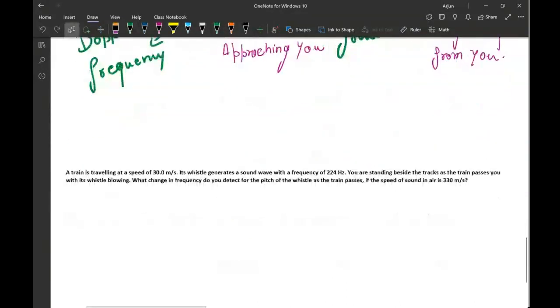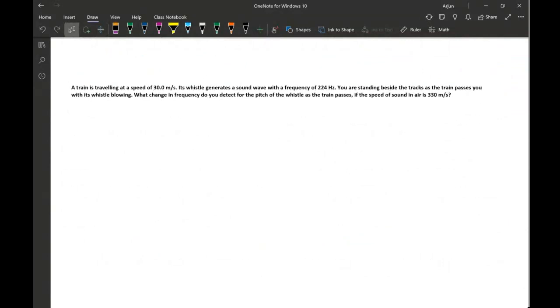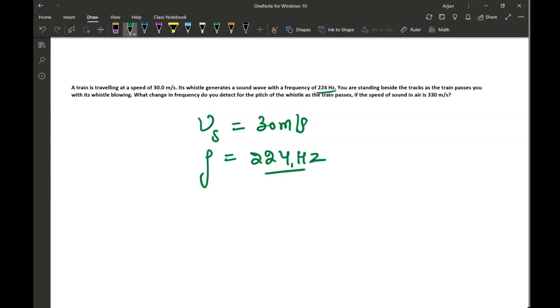All right. So based on this, I will try and solve this question. A train is traveling at 30 meters per second. So we are given Vs, 30 meters per second. Its whistle generates a sound with a frequency of 224 hertz, that's what it is.